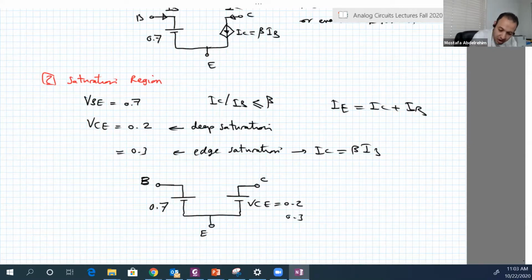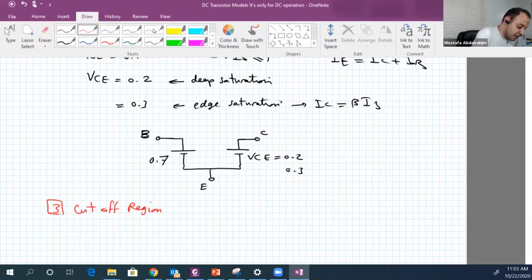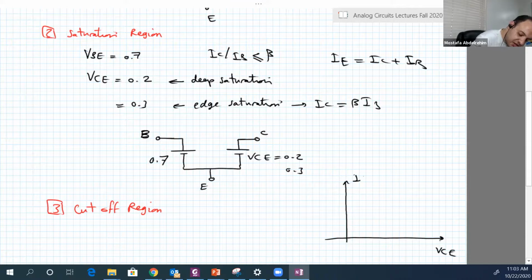One final remark here. There is another region called the cutoff region, and you will see this quite often. If we draw the characteristics between VCE and IC, it is something like this.